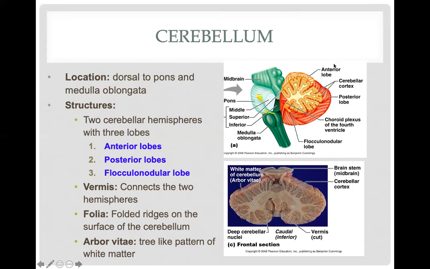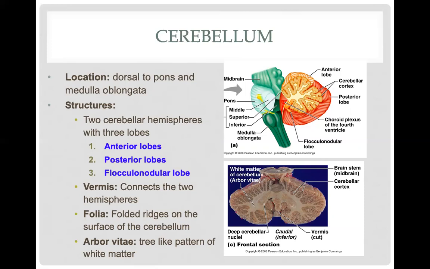They include an anterior lobe, a posterior lobe, which is much larger, and a small lobe right here called flocculonodular lobe. It is, like cerebrum, has a means of communicating between the two halves of cerebellum, and that connection point is called the vermis. You can see it better in this picture. Here is one lobe, here's another, and this area right in the middle would be your vermis.